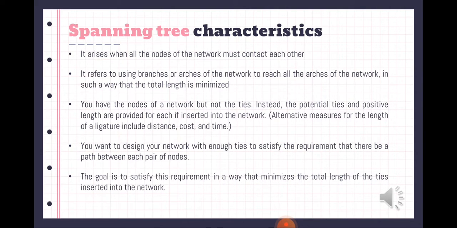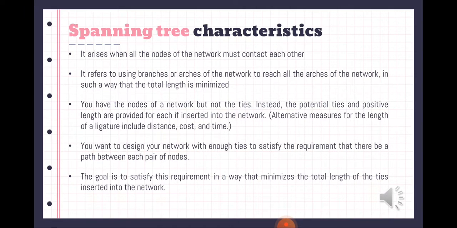Spanning tree characteristics. It arises when all the nodes of the network must contact each other. It refers to using branches or arcs of the network to reach all the nodes of the network in such a way that the total length is minimized.